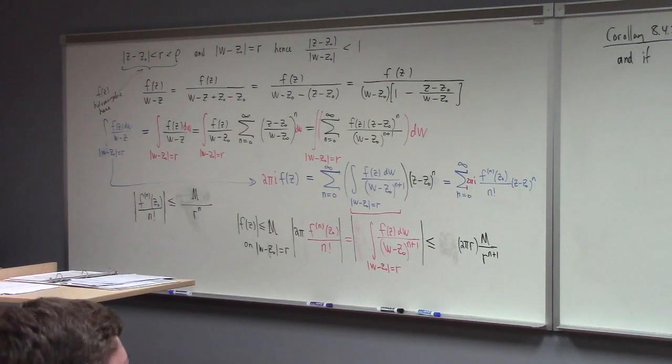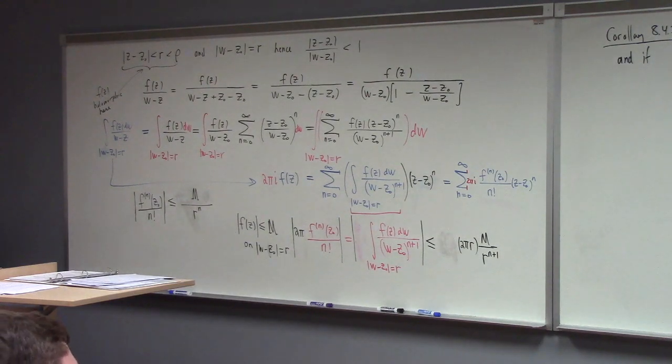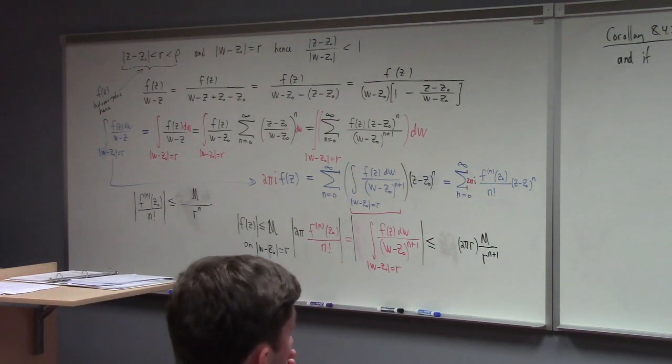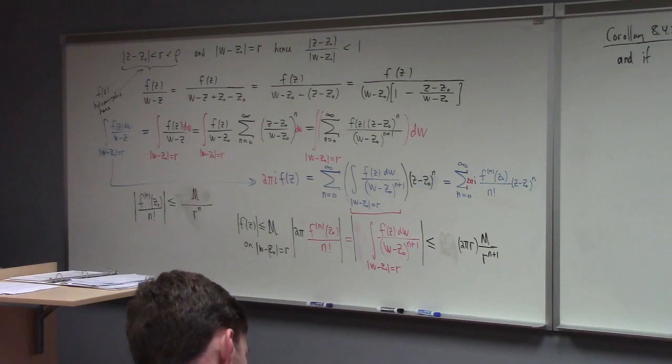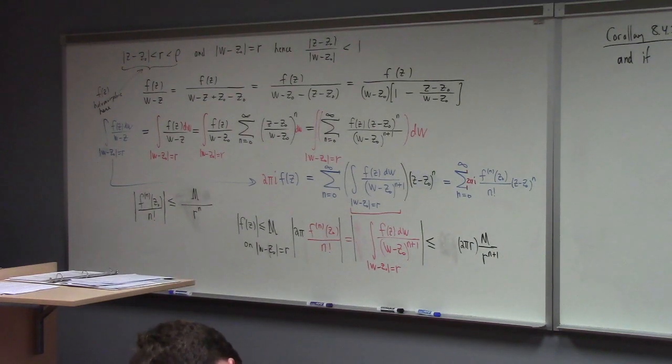So f of z and g of z are represented by the power series. We're assuming that the derivatives match at the center point, but these derivatives fix the coefficients of the power series, right? Because these divided by k factorial are the coefficients of the power series. Therefore, they have the same formula. Therefore, they're equal. That's the proof.